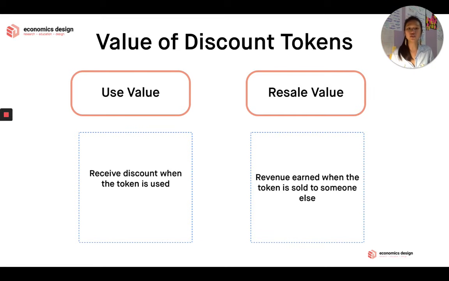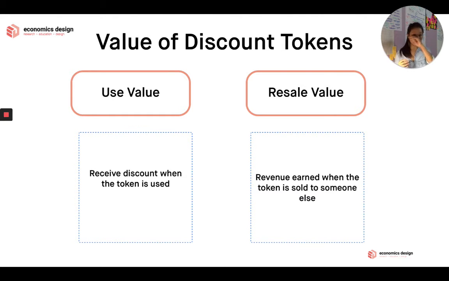Going back to the medallion story, the value of the New York taxi cab medallion comes in two ways. The first one is use value. You can use the medallion to drive around and pick up customers, and you earn profits when you are picking up customers. That's a use value, and that's where you get value. The medallion can also have a resale value.